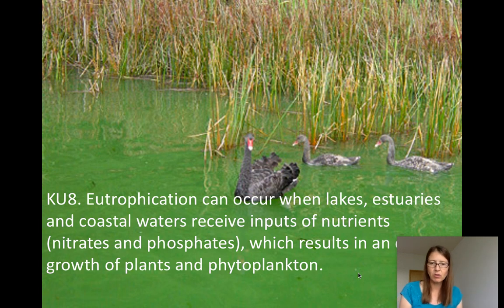But what it leads to is a positive feedback loop that leads to low amounts of oxygen. Okay, so eutrophication can occur when lakes and estuaries and coastal waters receive inputs of nutrients, nitrates and phosphates, and that's going to result in a bloom of usually phytoplankton algae that will then result in very low oxygen conditions, and it's often hard to get back.